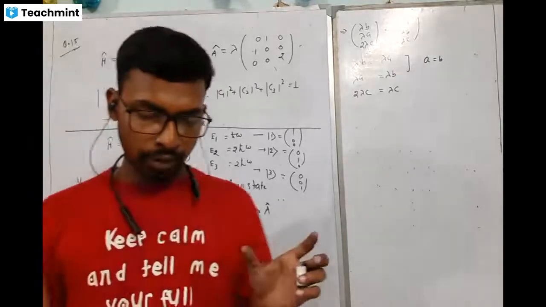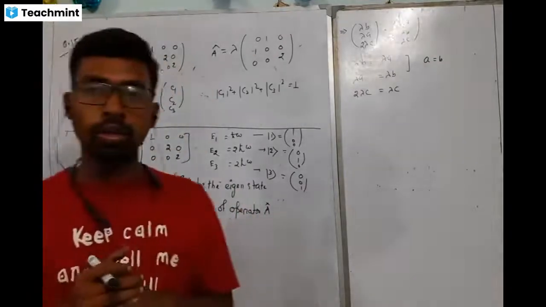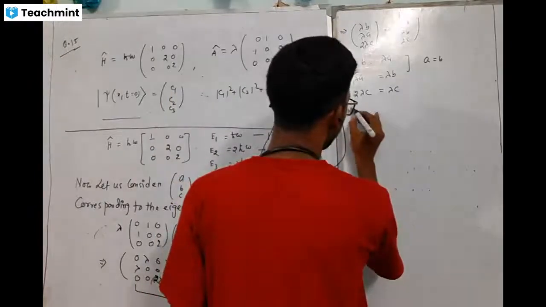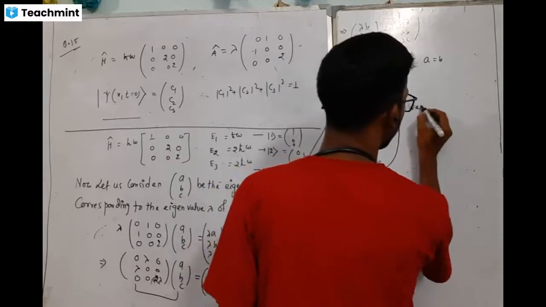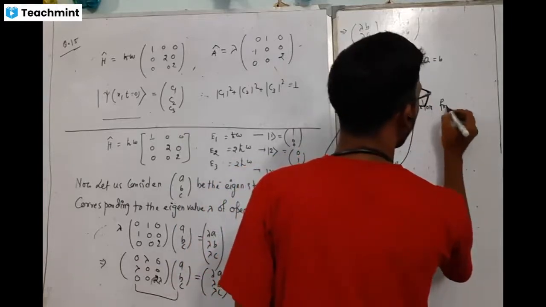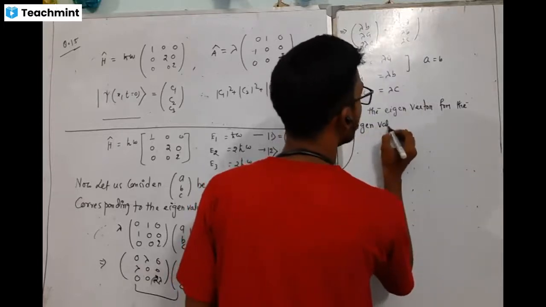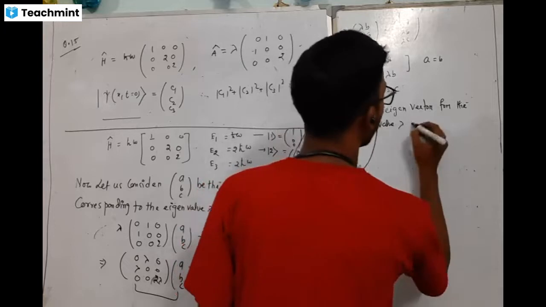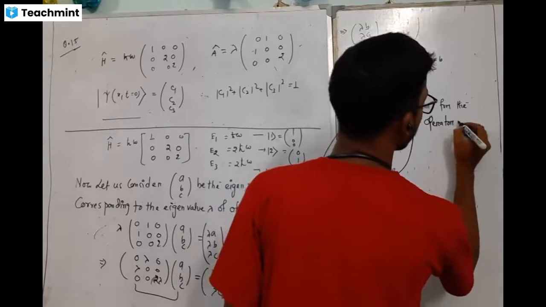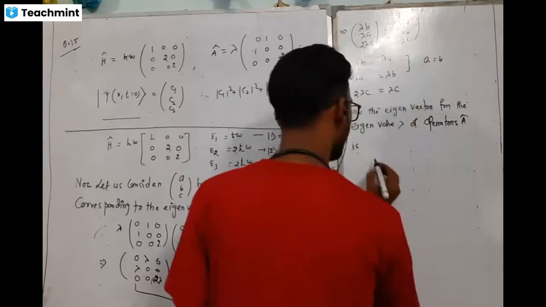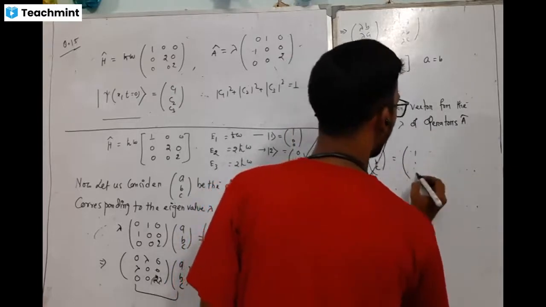So basically the corresponding eigenvector. So now the eigenvector for the eigenvalue lambda of operator A cap, A, B, C, is nothing but 1, 1 and 0.